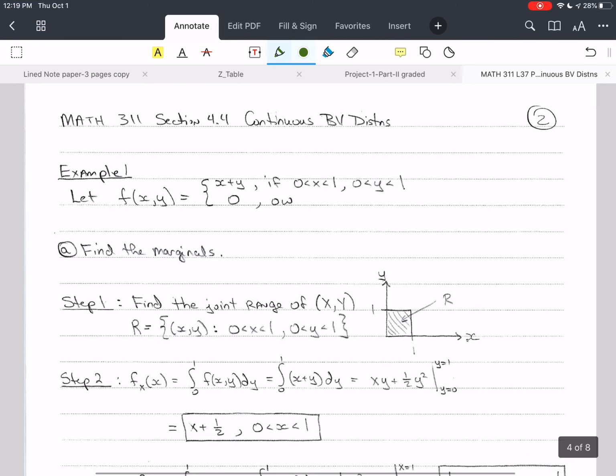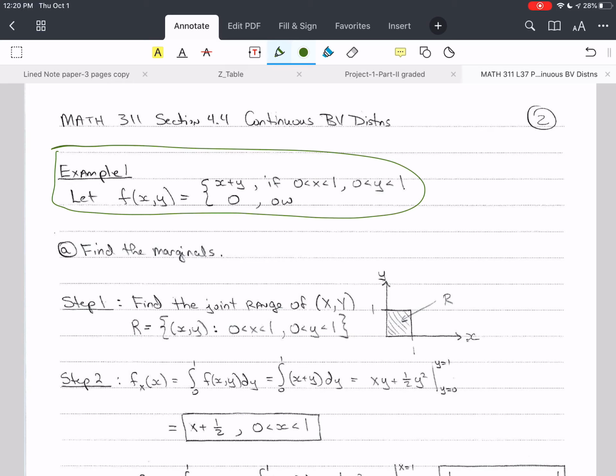So I want to start by reviewing the example that we did last time, just the information. We're going to use this joint PDF of x and y. So remember, it's x plus y when x and y are both between 0 and 1. And in this case, we had a rectangular joint range of x and y.